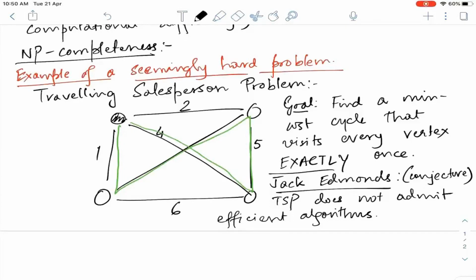So just try all possible solutions. Essentially, if you think about it, you just need to check for all possible permutations of the vertices, right? So you check for all possible orderings and you see which one of them gives you a valid cycle and which one among them is the least cost one. So that's a perfectly valid algorithm.